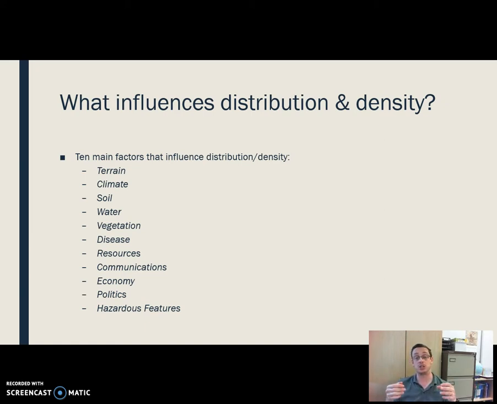Communications, and we're talking about natural routeways. So are you in an area where you've got rivers going past you that can be used for sailing? You get towns in valleys that are used as main pathways, main routeways. Economy. Again, people move to places that have a good economy.